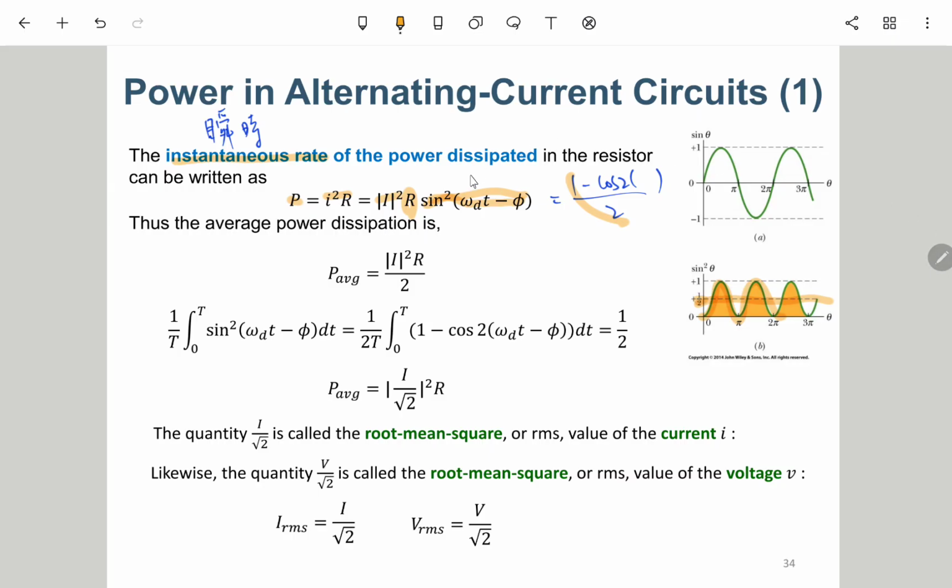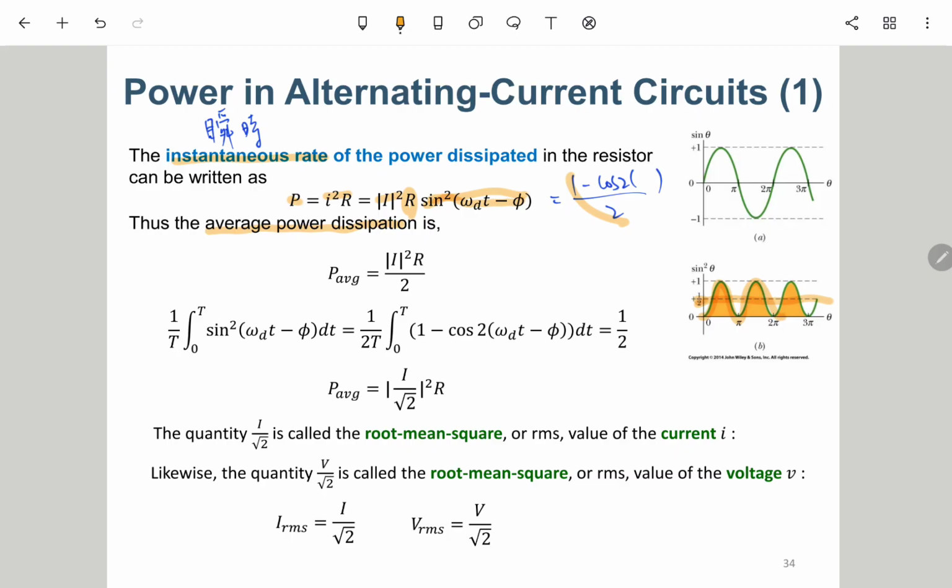So actually, we don't like this idea of instantaneous rate because it is time varying. Sometimes it is 0, sometimes it is maximized. So here we would like an idea of average power dissipation, so take the average of this power dissipation.